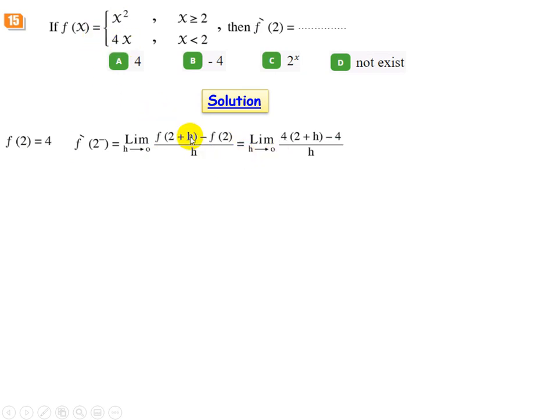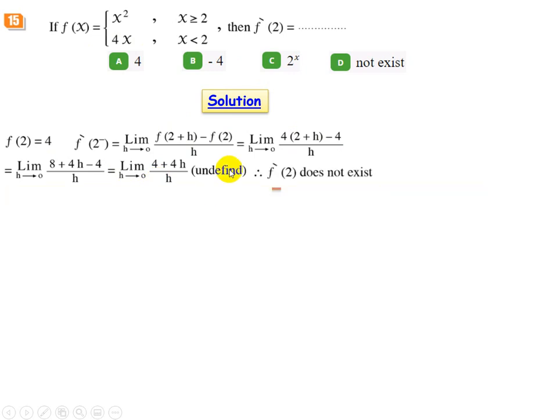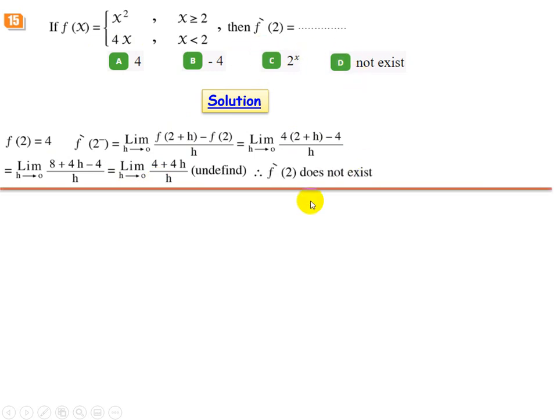Substituting by x equals 2 plus h, 4 times 2 plus h minus 4 over h, 8 plus 4h minus 4 over h, so it will be 4 plus 4h over h. Substituting by h equals 0, the function is undefined. So f dash 2 here doesn't exist.